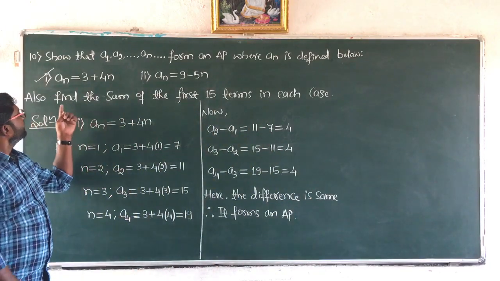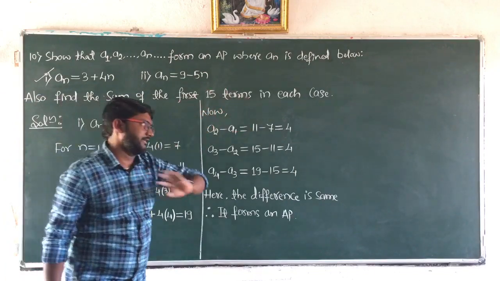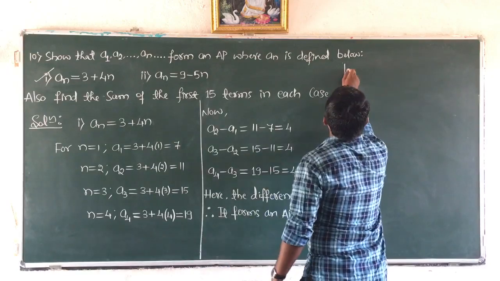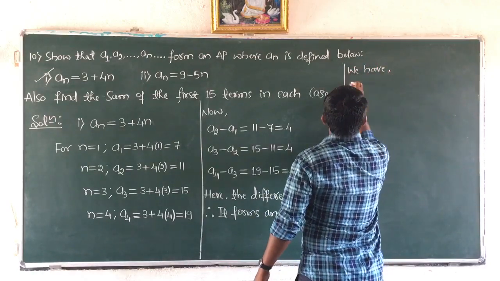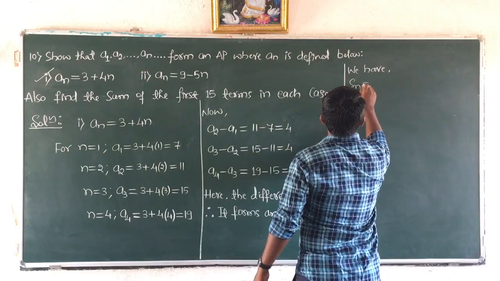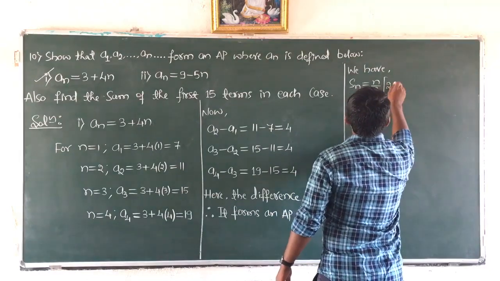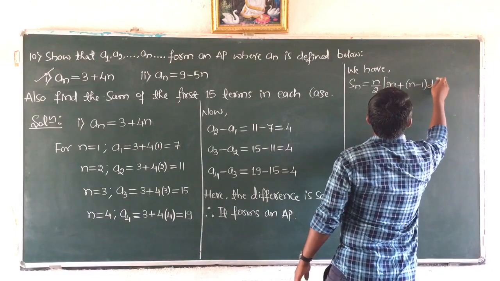So now also find the sum of first 15 terms in each case. So see here, we have S_n is equal to n by 2, 2a plus n minus 1 into d.